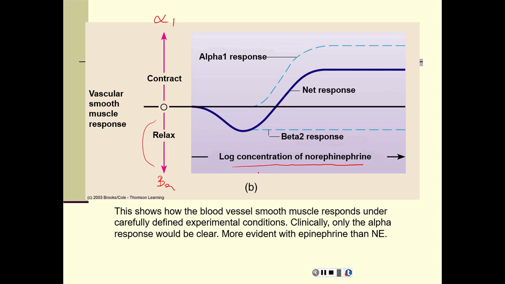So there is a dose-dependent effect on the vascular smooth muscle. It depends on how much of the norepinephrine or epinephrine that you give. At low doses, what you first see is vasodilation, relaxation of the smooth muscle of the vasculature, and that is due to the beta-2 receptors being activated.